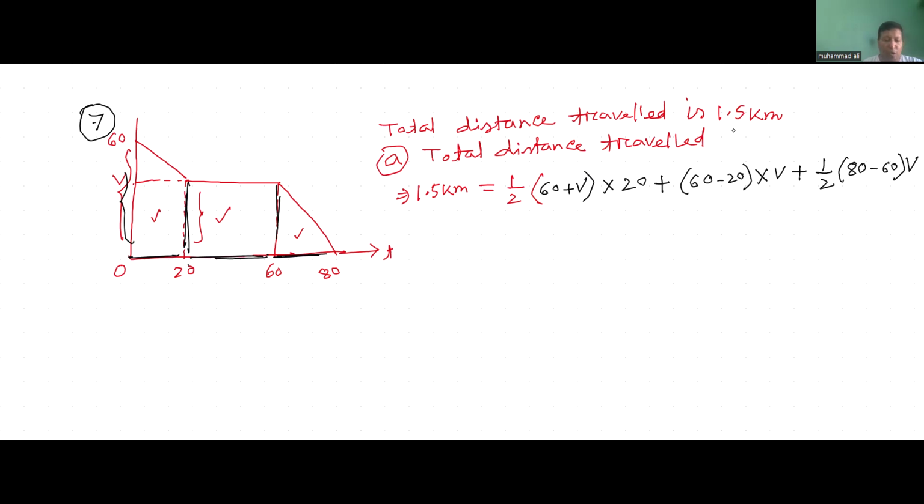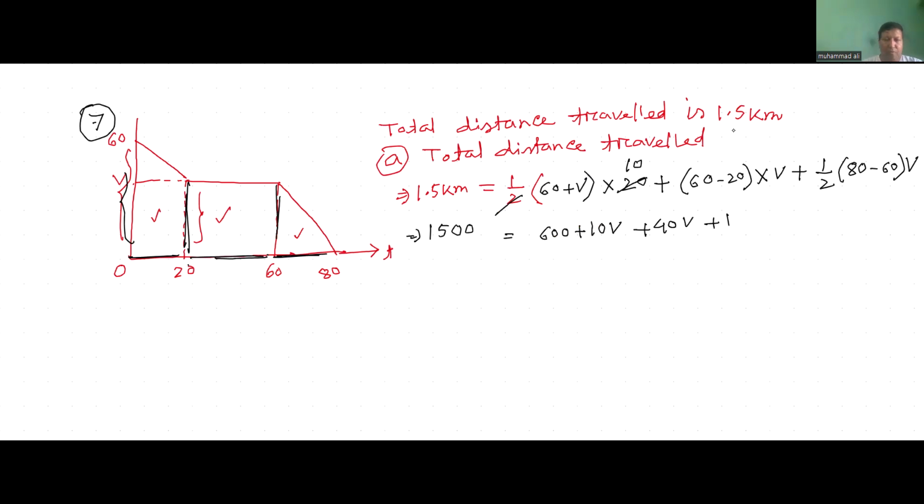Now 1.5 kilometer, if we want to convert this into meter, we have to multiply by 1000, so it will be 1500. 2 and this 10 cancel. So it is 600 plus 10v plus 40v plus 10v.